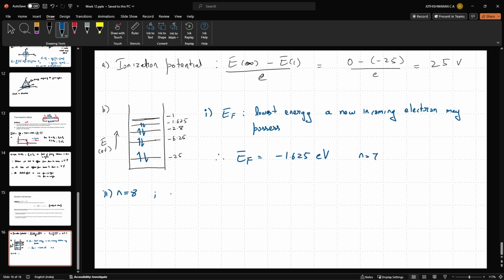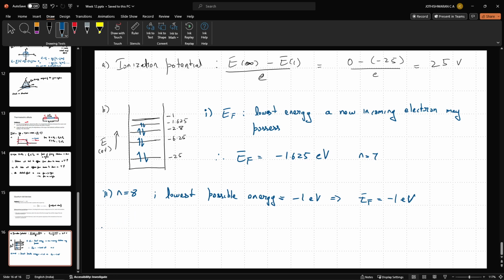Therefore, in this case, the lowest possible energy is equal to minus 1 electron volts, which implies the Fermi energy is equal to minus 1 eV.